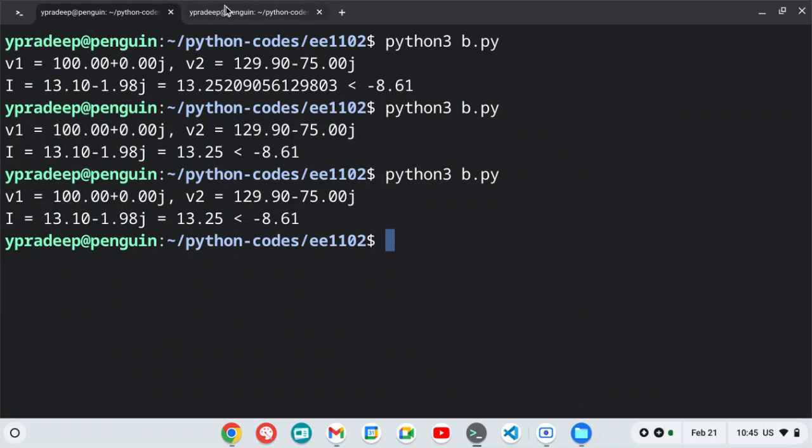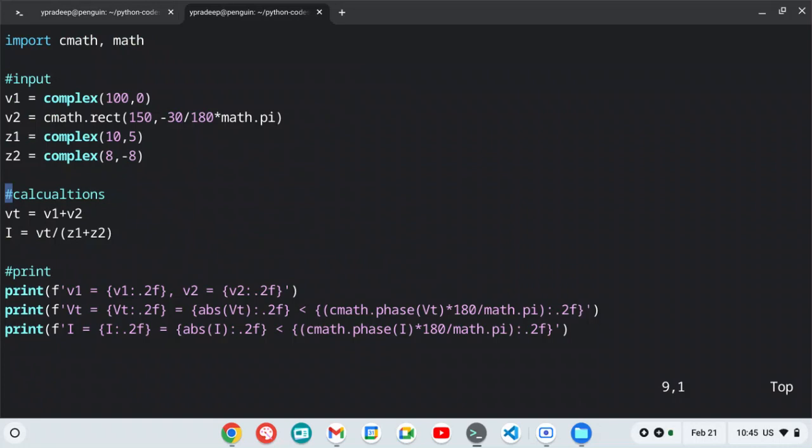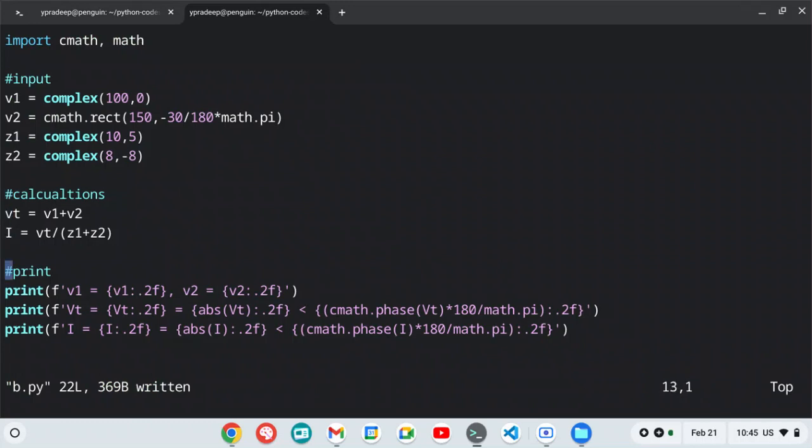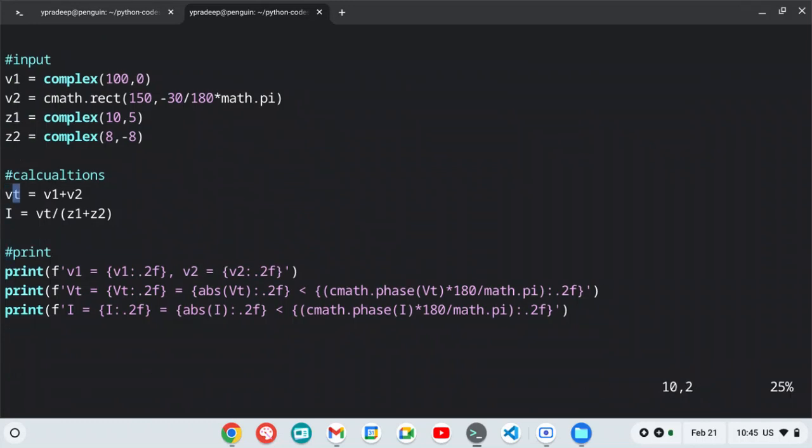Let's see what will be the result. I did not save it. Okay, I think the issue is with capital V and small v.